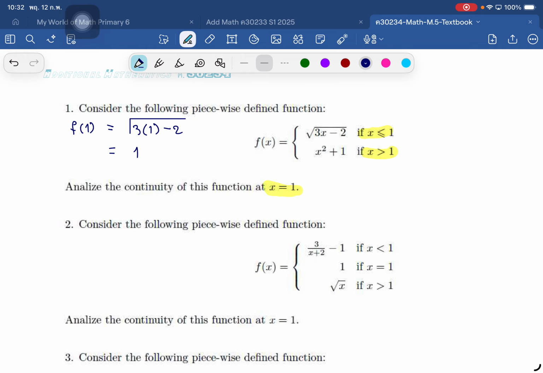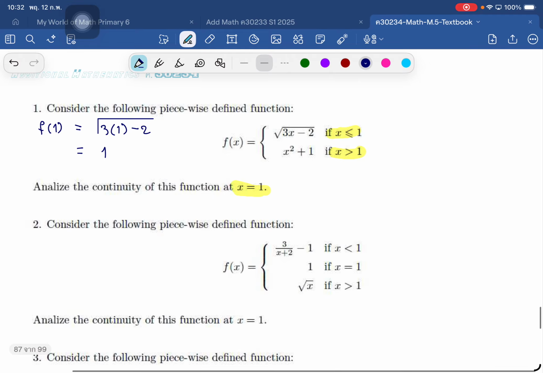Minus 2 plus 3, you get 1. 1 plus 8, you have 9. Square root of 9 will be 3. This is the value of the function and also the left limit. The limit of f(x) when x approaches 1 from the left side is the same as f(1). Now we get 3.